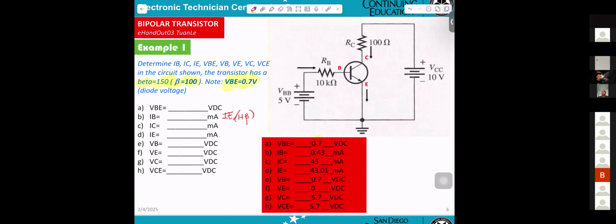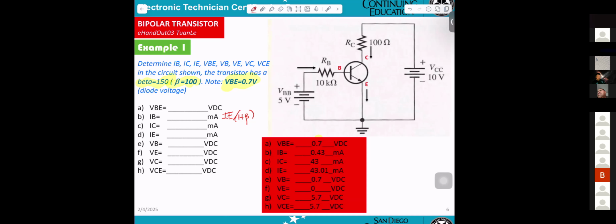Based on your figures, I see 43 milliamps over IB 0.43 milliamps, that comes out to 100. So what is the 150 for? I'm asking, what is at the very top in the blue writing where you highlighted in yellow? You got beta equal 150, then you got beta equal 100.